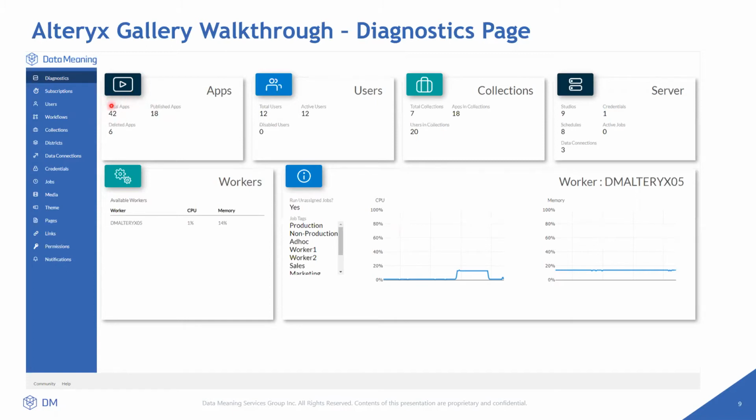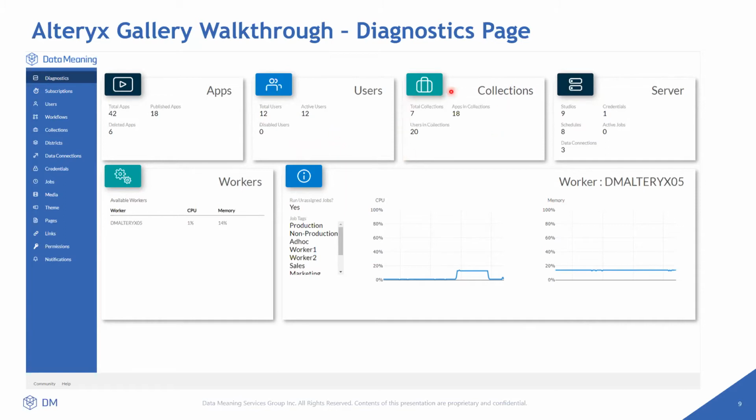You have a total of 42 in this case, and you have a total of 18 made publicly available. Now you can also see the amount of users, and the way Alteryx is designed is you don't necessarily delete things so much as you disable them in terms of users and the workflows tied to them. So you can also get a quick count of what is disabled.